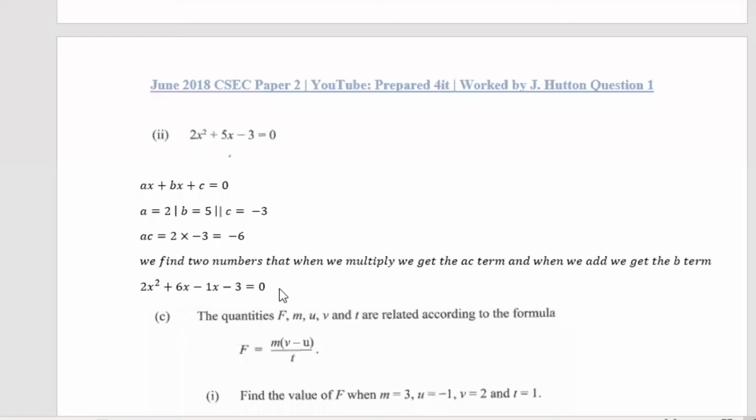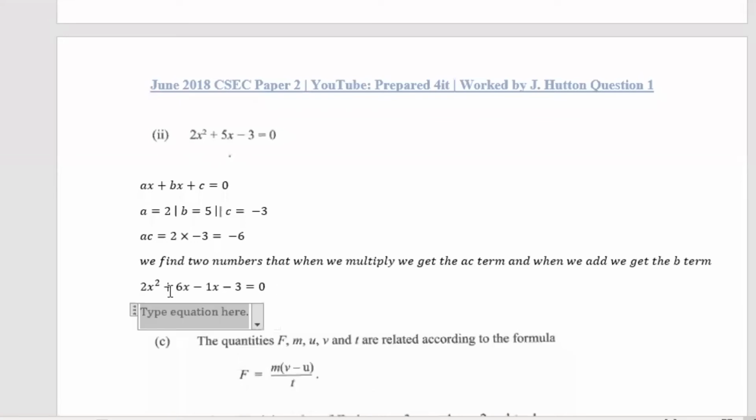So now we can factorize the first two terms, 2x squared and 6x, and what is common here is 2x. So 2x into 2x squared will leave us with x, and 2x into 6x will leave us with 3.